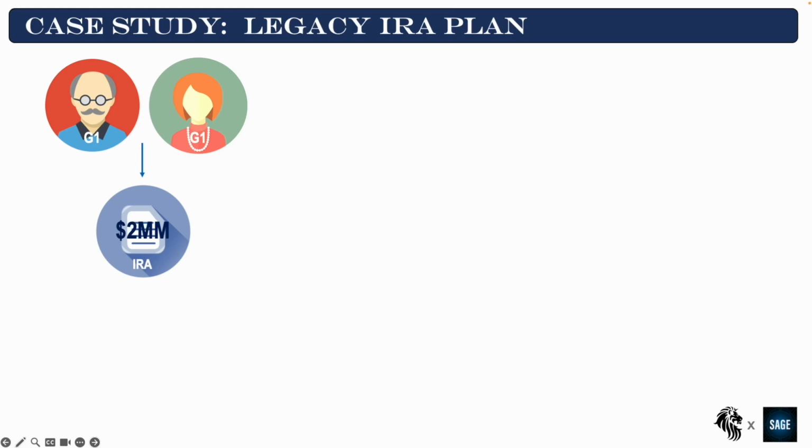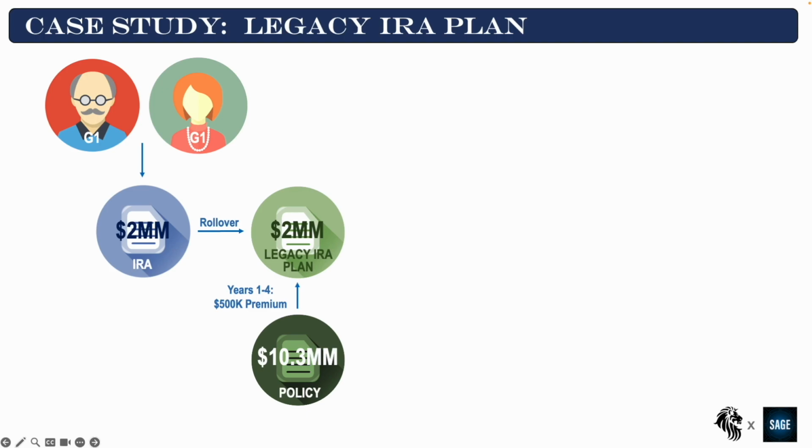By using the Leveraged Legacy IRA plan, they could roll over that $2 million into our Leveraged Legacy IRA plan, and that $2 million could be used to buy a $10 million survivorship life insurance policy inside their plan. That $2 million would be 4 years of $500,000 annual premiums, all of which would be paid for with pre-tax dollars.